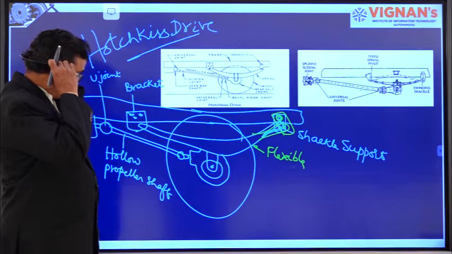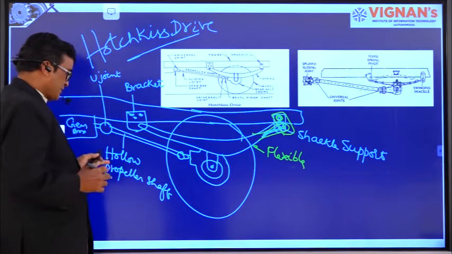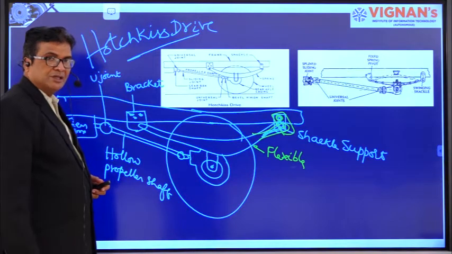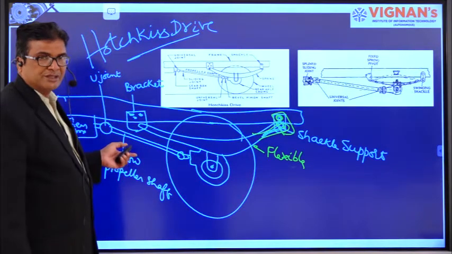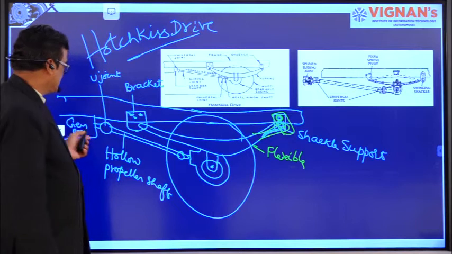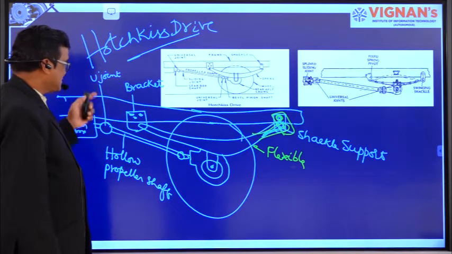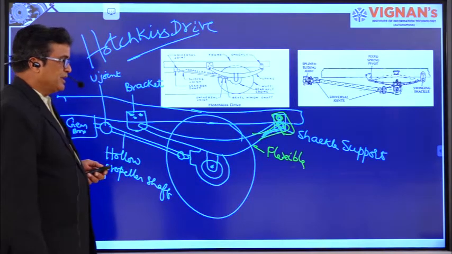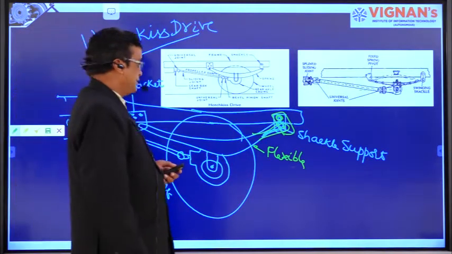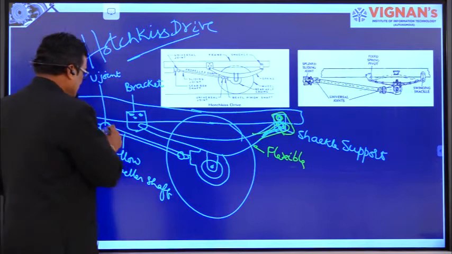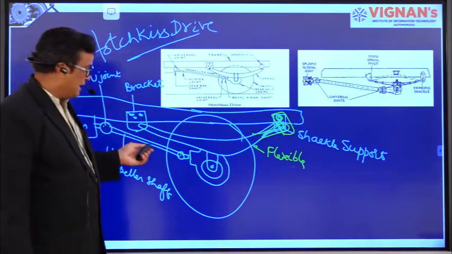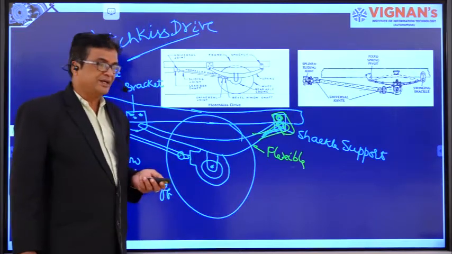Here the propeller shaft is hollow in construction. Hollow propeller shaft is used in the Hotchkiss drive. It gives more turning effect. Here, two universal joints are used, one at the gearbox side and another at the differential side.